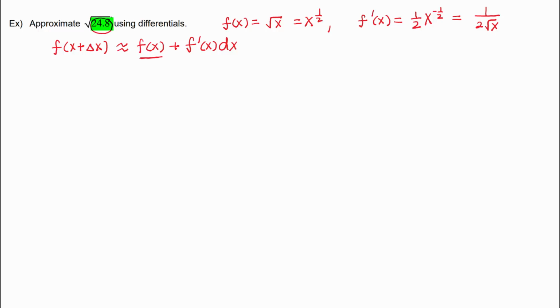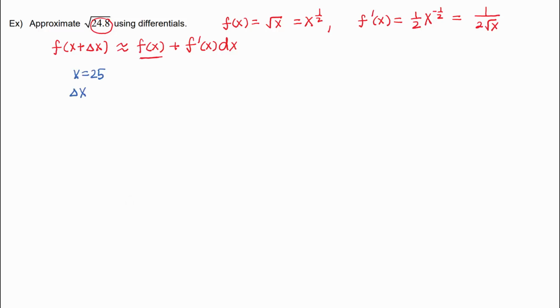Remember, delta x doesn't have to be a positive number. So find the x that is very close to 24.8. You don't have to make delta x positive, so choose x equals 25 rather than 16. Remember, as delta x gets smaller, your approximation gets more accurate. So choose x equal 25.